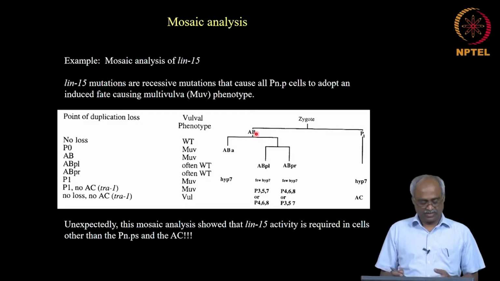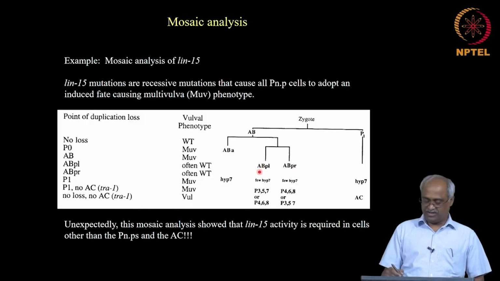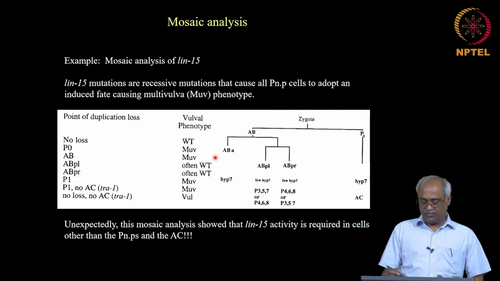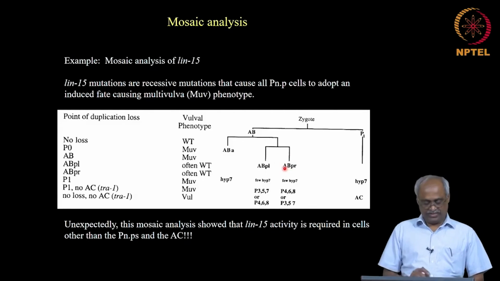Like that you go on to ABPL. AB P divides into left and right daughters, like the granddaughters ABPL and ABPR, and there if you lose it, oftentimes it is wild type, meaning its presence in one or the other seems to be enough.